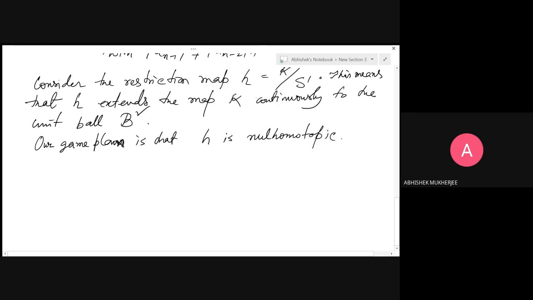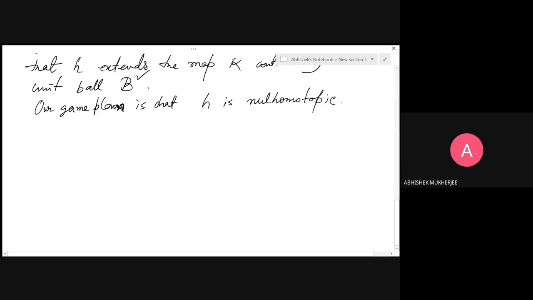So what does it mean by homotopy of two maps? I need to introduce this, because without these facts I cannot go further. What is the definition of homotopy?